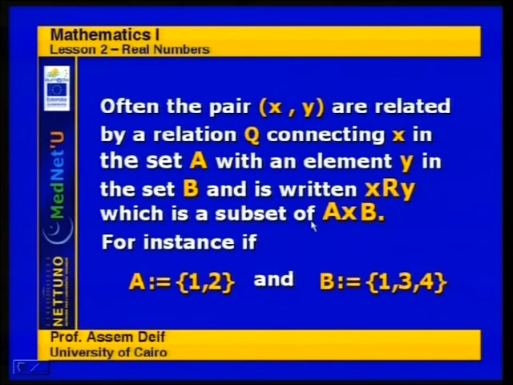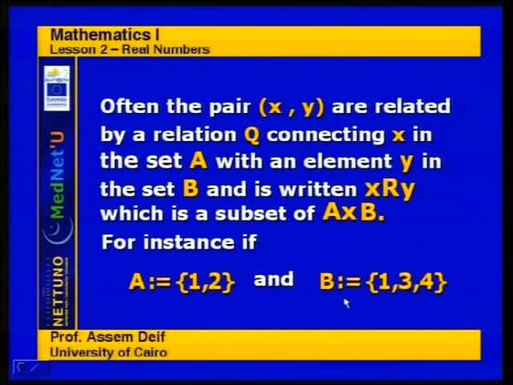But you wish, for example, to consider only those ordered pairs in which the difference between X and Y is even. So 1 cannot go with 4. Why? Because 1 minus 4 is odd.